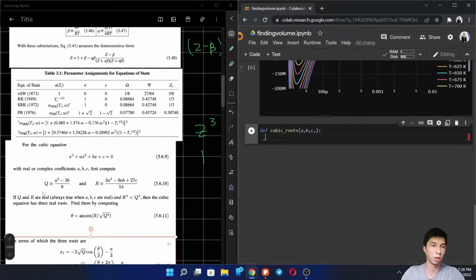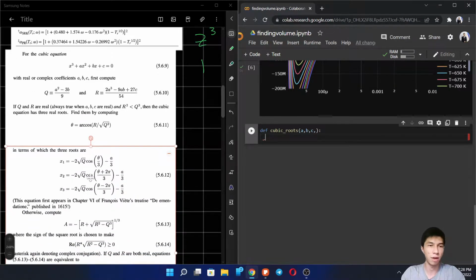So here, for deriving the first case where we have three real roots of the equation, we need the values for q, r, and theta. To determine that, we're going to use these three equations.